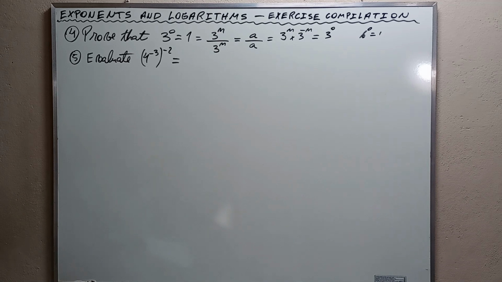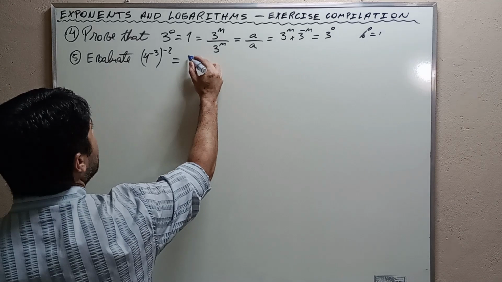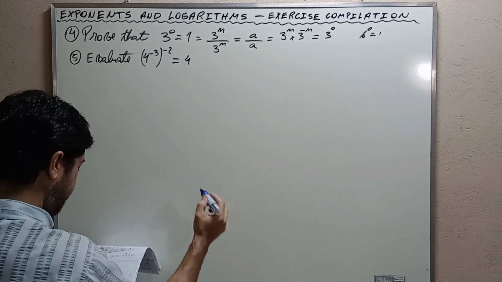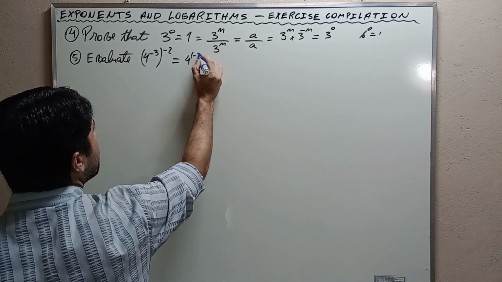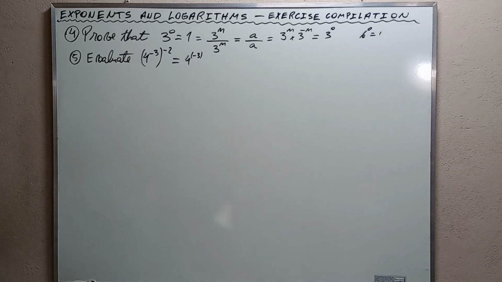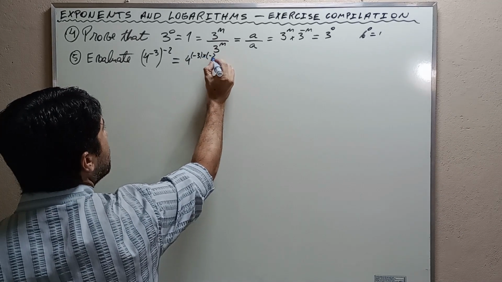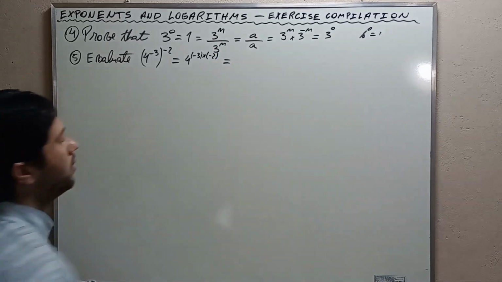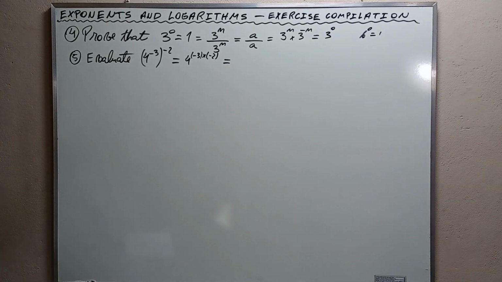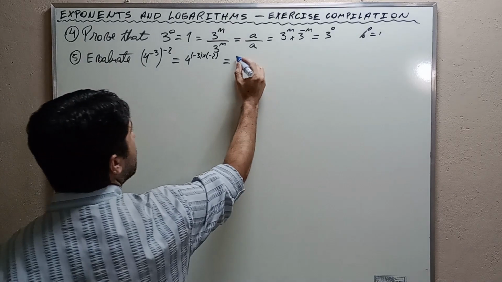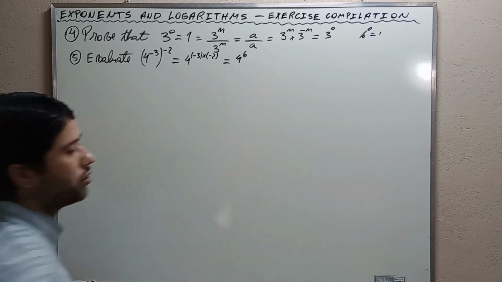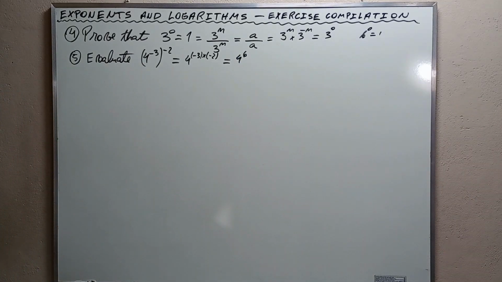Okay? And in this sense, it is multiplication rather than addition. It is going to then be 4 raised to the power of negative 3 times negative 2. And then it results in 4 to the 6th power.